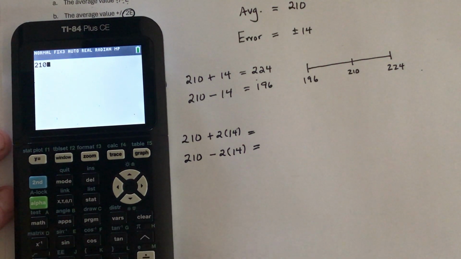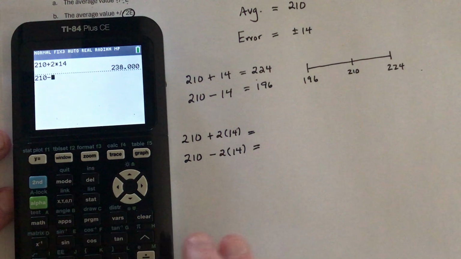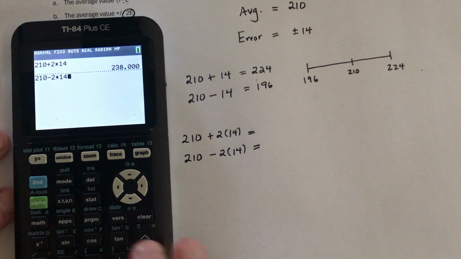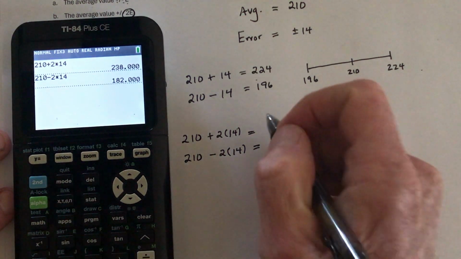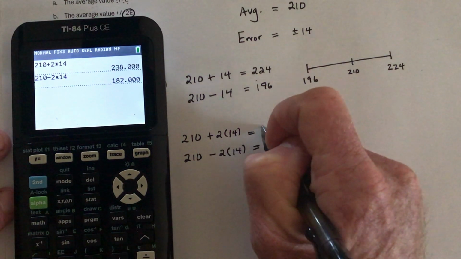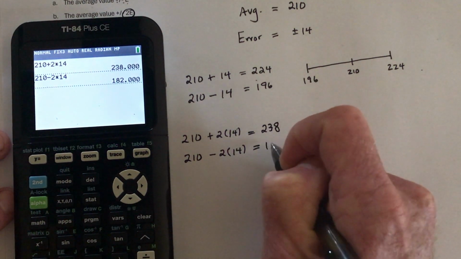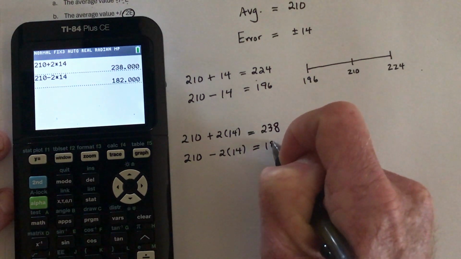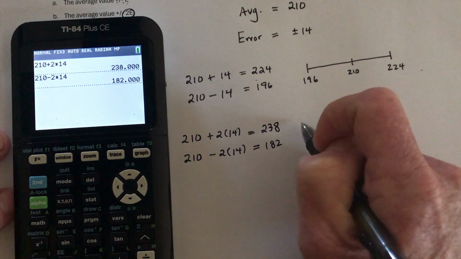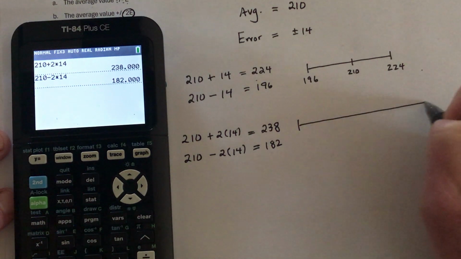So 210 plus 2 times 14. And then also 210 minus 2 times 14. So on the high side, it could be as much as 238, and on the low side, down to 182. And then that would make the interval bigger like this.